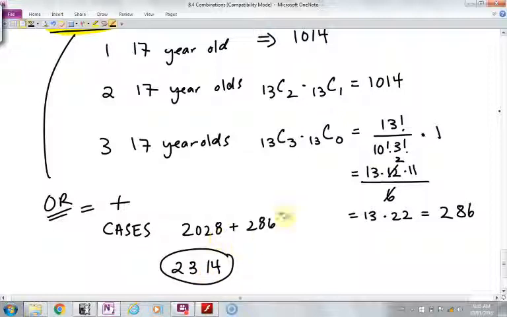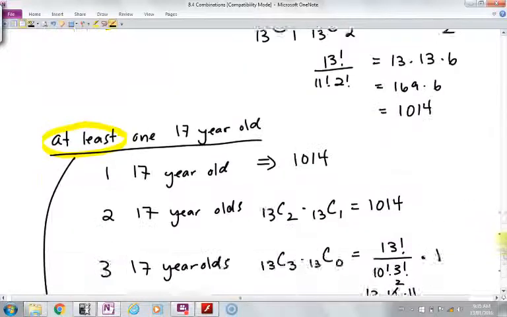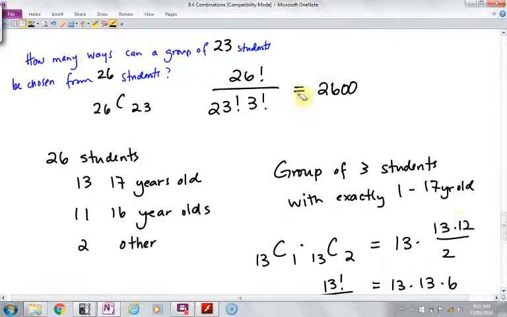What do you get? 2,600, right? Remember we saw that number before? That's the number of groups I can make altogether, is 2,600. So that 0 17-year-olds, that takes into account all the different groups possible, which is 2,600 altogether. Okay? Coincidence? No.